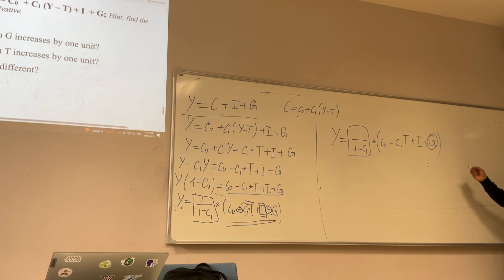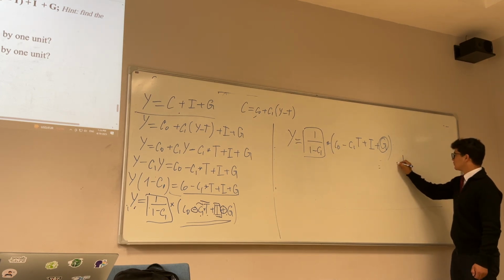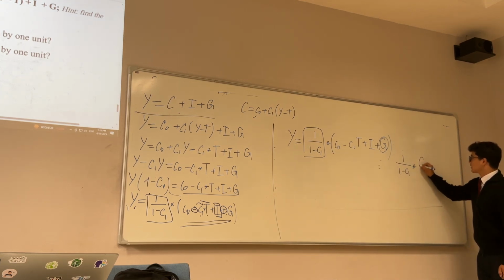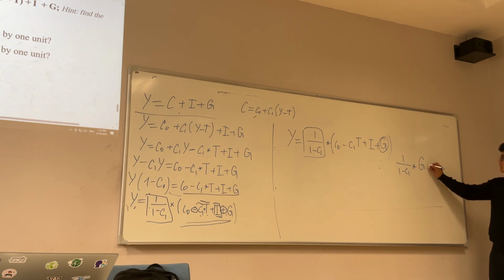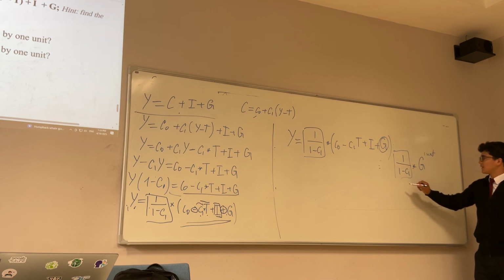So what we did basically to find the increase in Y was C1 multiplied by our government spending. Since it's 1 unit, we can assume it's 1, so our consumption increased by this many units.